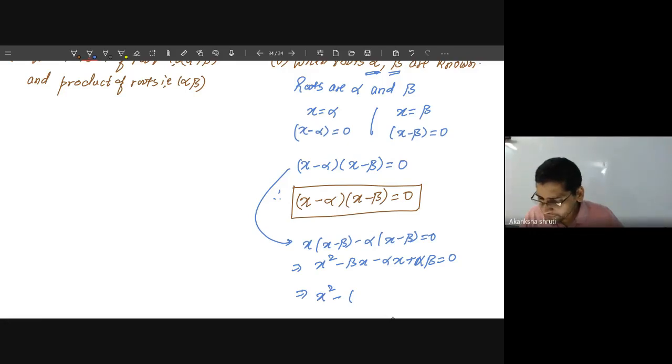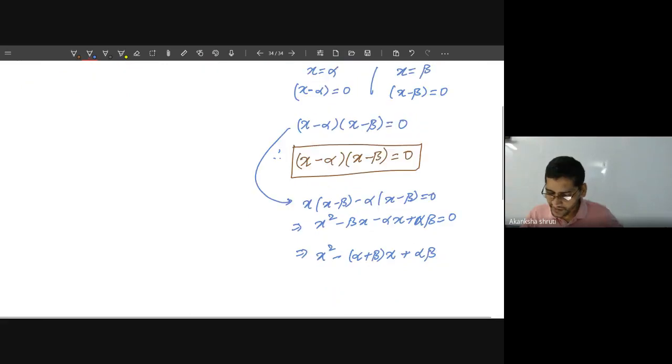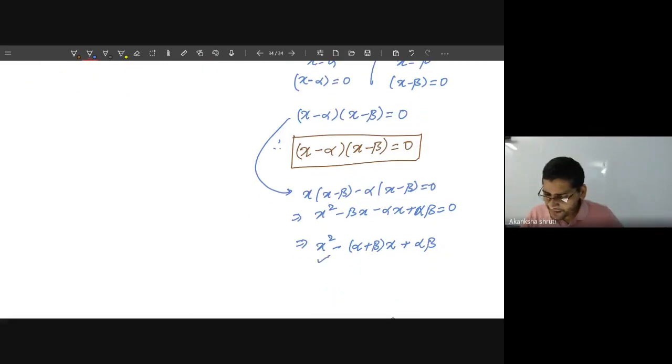So it becomes beta plus alpha, or I may write alpha plus beta, that doesn't make any difference. And the last term is alpha beta. So what is this? It is the x square term. It is our x term. It is our constant term. So therefore, by knowing this alpha plus beta, we can also get this equation. So this is what: x square minus alpha plus beta x plus alpha beta is equal to 0.